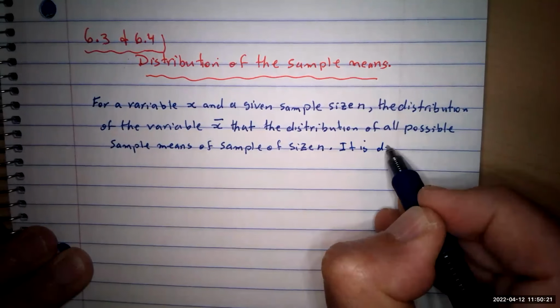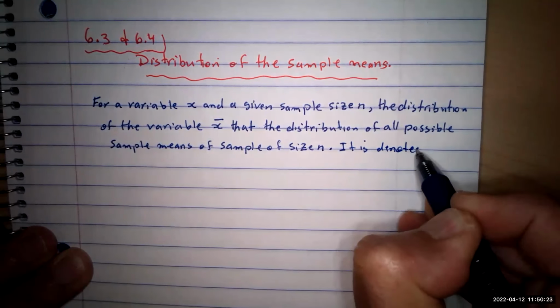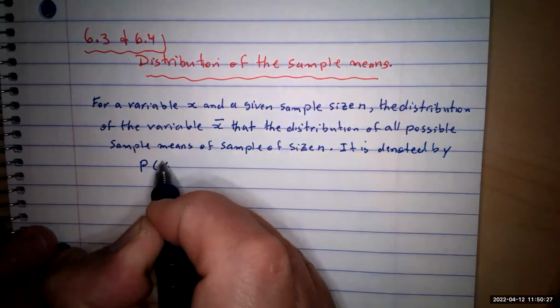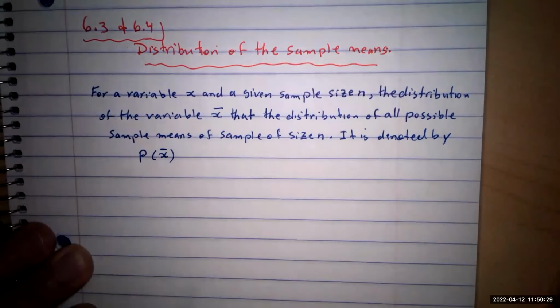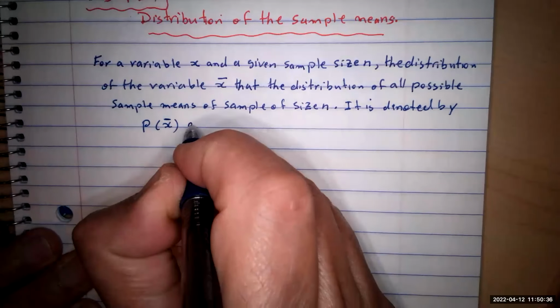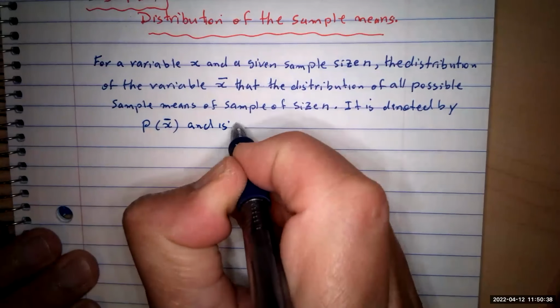So this new distribution is going to be denoted by P of x bar. Your function is P, probability, but the variable is x bar. And it's going to have a different name.